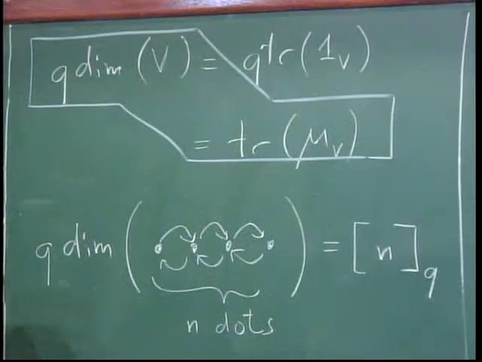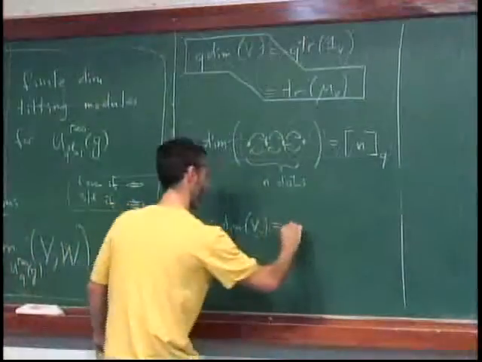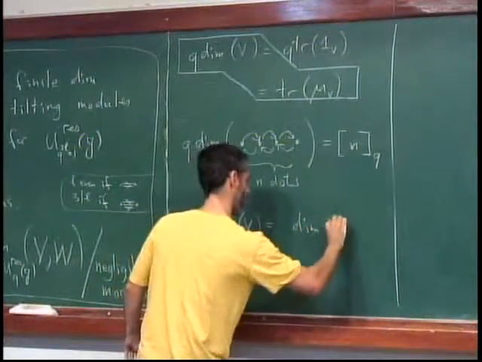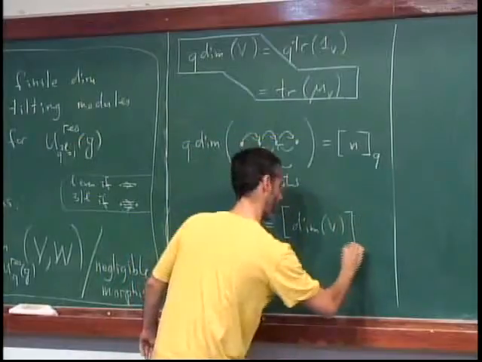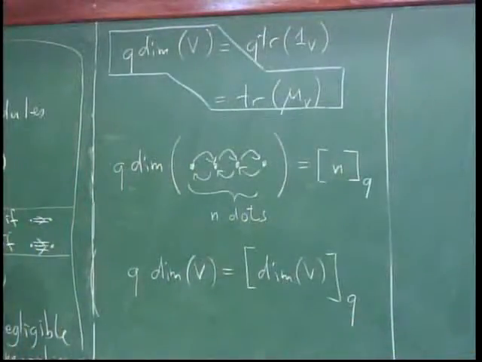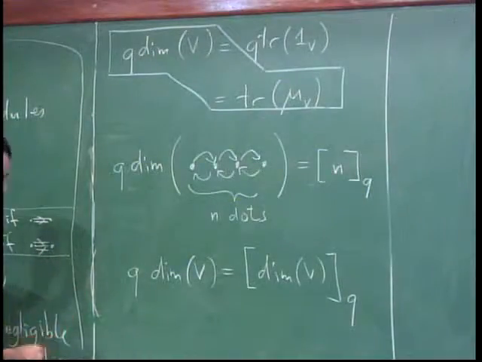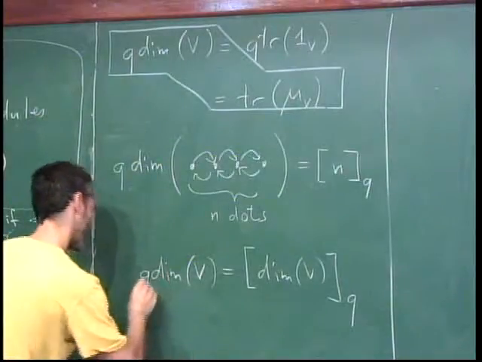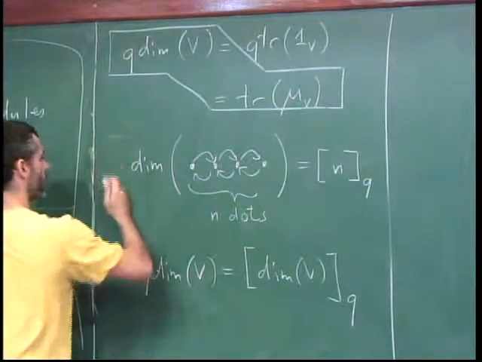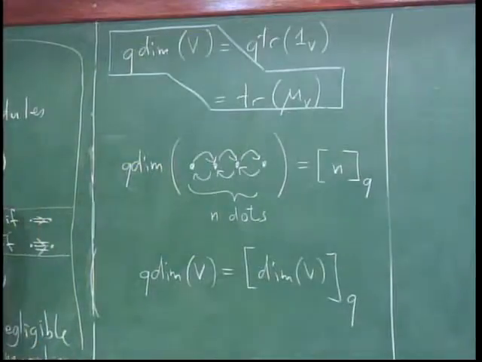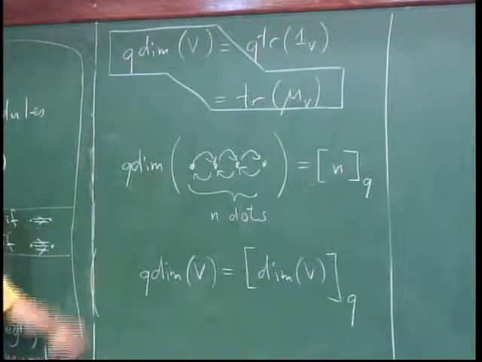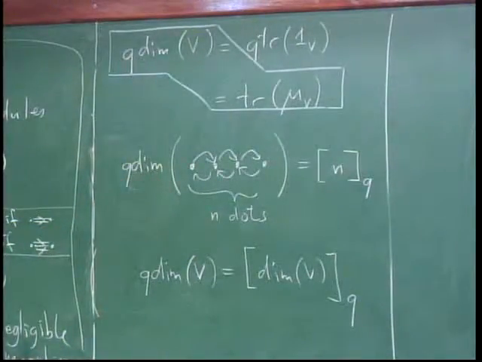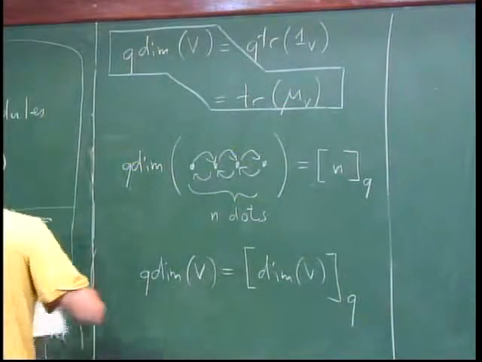The quantum dimension of V is the quantum number of dim V. Just for SL2, yes. Sorry, make sure that you don't think that this is multiplication by q. This is a single symbol, this is quantum dimension. So that's the SL2 story.